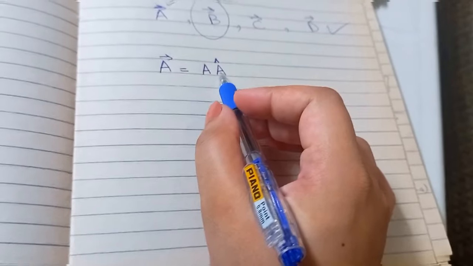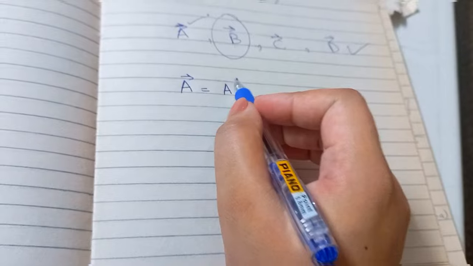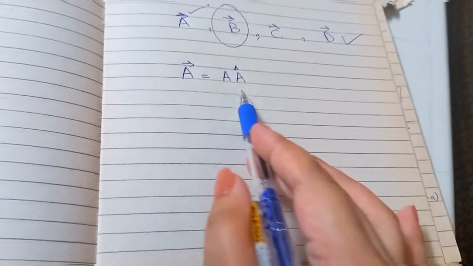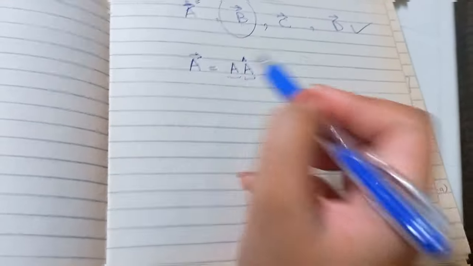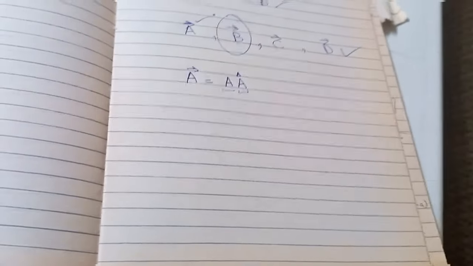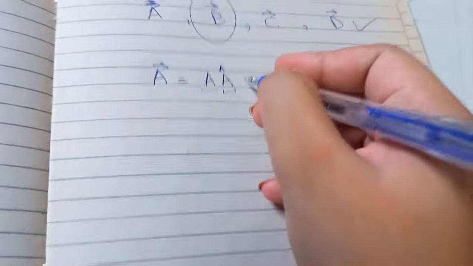The A with a hat over it shows it is the unit vector of vector A. This shows the direction, this shows the magnitude. So magnitude as well as direction for its complete description. That is how we write it.